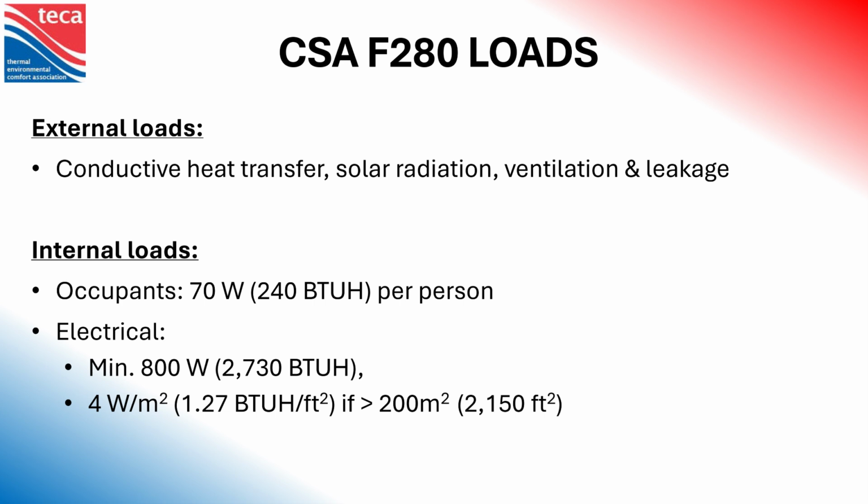For each occupant, you have to allow 240 BTUs per hour per person. For an electrical load, at a minimum, you have to provide 2,730 BTUs. If you're over 2,150 square feet, you have to apply 1.27 BTUs per square foot.